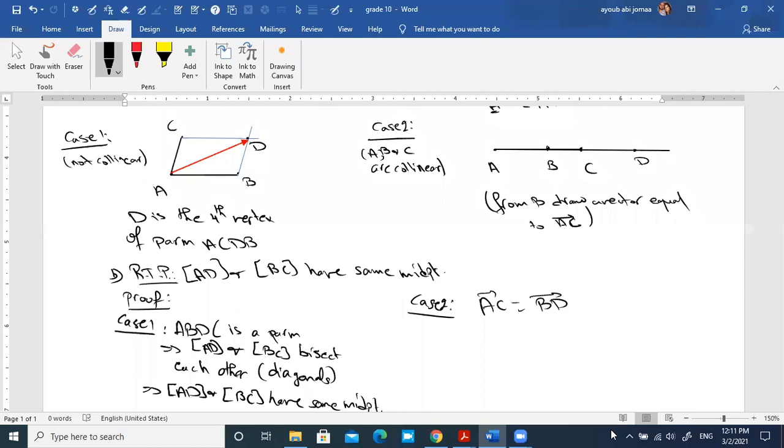The same thing. No, as vectors. And AB is equal to CD.